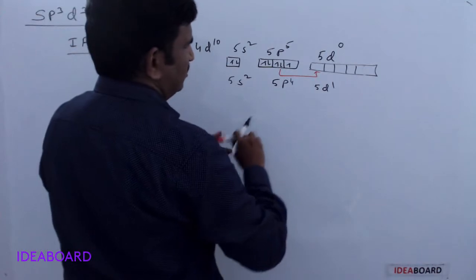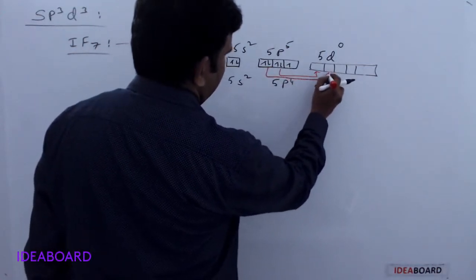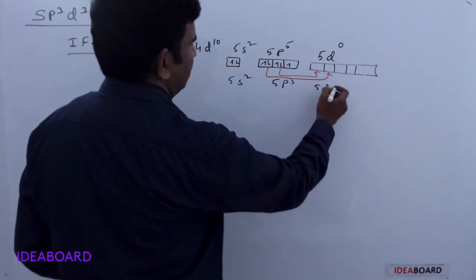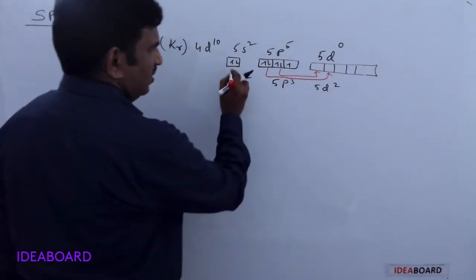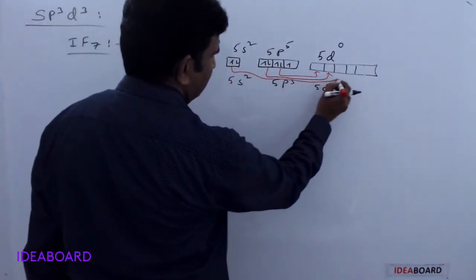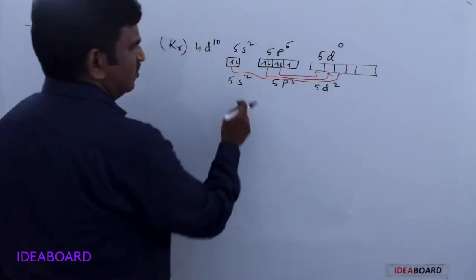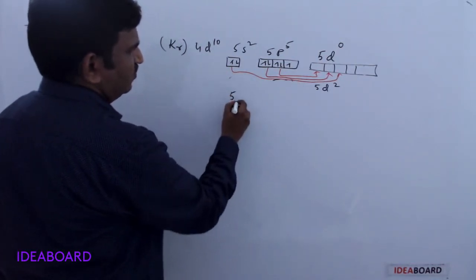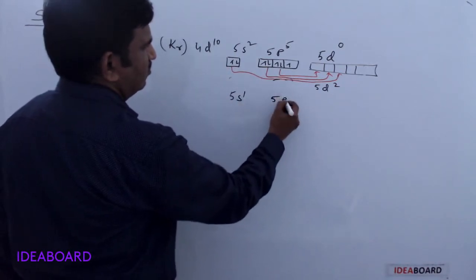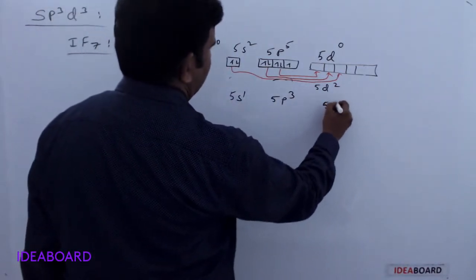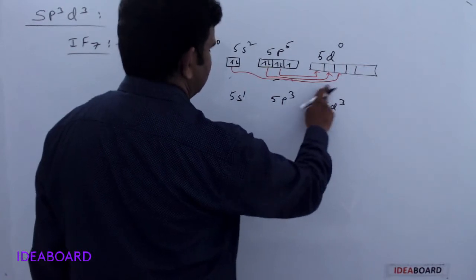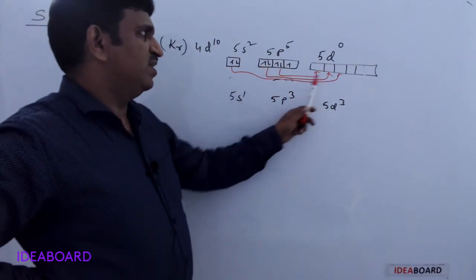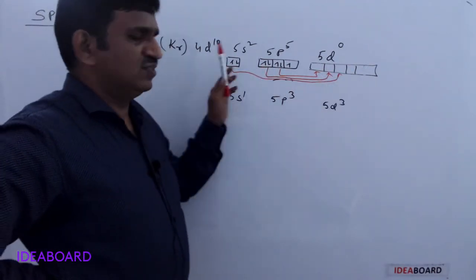And again another electron jumps into another 5d orbital, and we get the second excited state, that is 5p3, 5d2. And the third electron also jumps into the third orbital of the 5d. So the configuration we get is 5s1, 5p3 and 5d3. One electron from 5p, a second electron also from 5p, and a third electron from 5s are jumping.